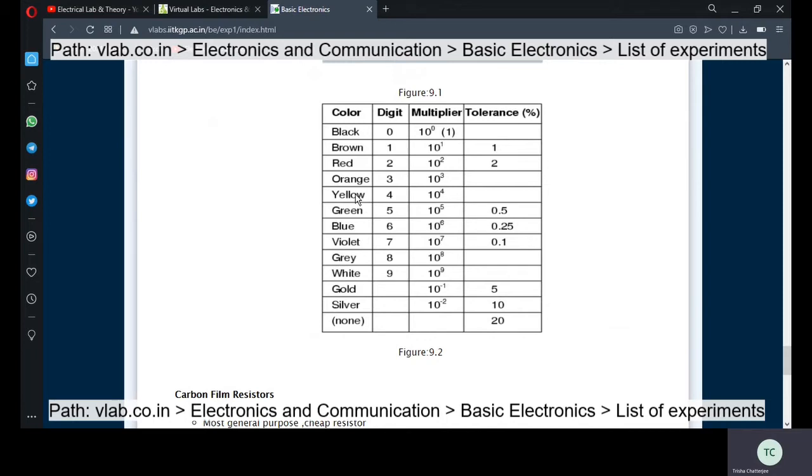So individual bands denote something. Some bands denote digits, some a multiplier, and the last band denotes the tolerance. For a 6-band resistor, the 6th band will always be for temperature coefficient. So for 5-band and 4-band resistors, the tolerance value will be denoted by the last band.